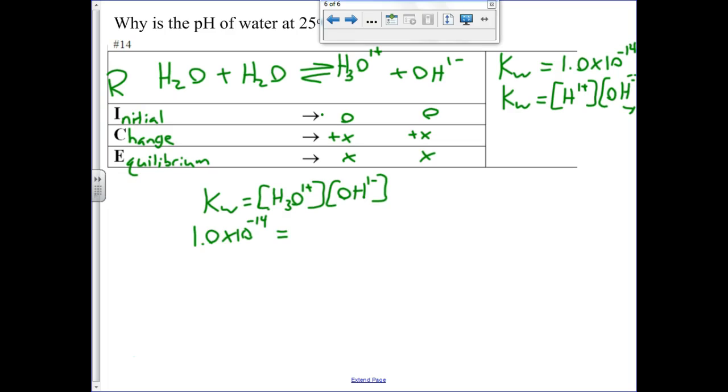So we have X squared. Not 2X. We're not adding these. These are getting multiplied, so it is X squared. And then we can solve for X. We're going to take the square root of both sides. And X is going to equal 1.0 times 10 to the negative 7.